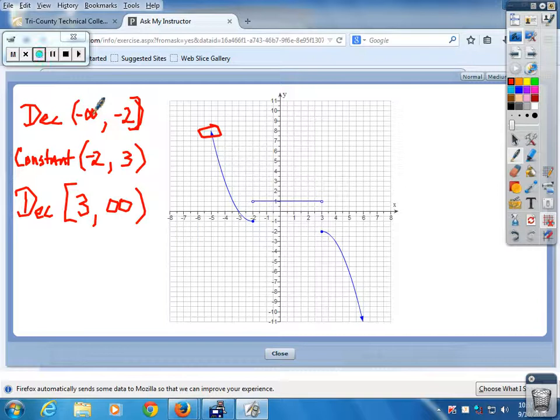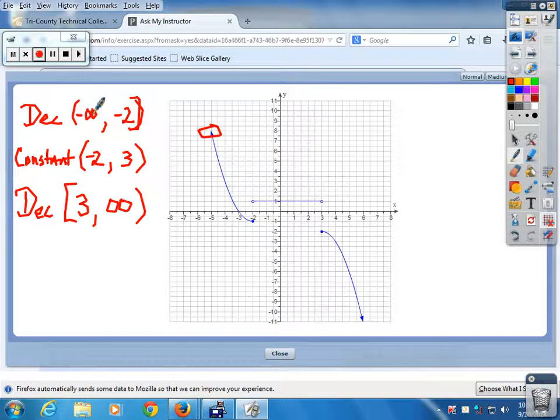Okay. The domain, all the x values are being used, even if you have an open circle, because this is being used here. Now, if it asks you for the domain of each section, then the domain of each section will be negative infinity to -2, bracket. Then from -2, open parenthesis to +3, parenthesis.